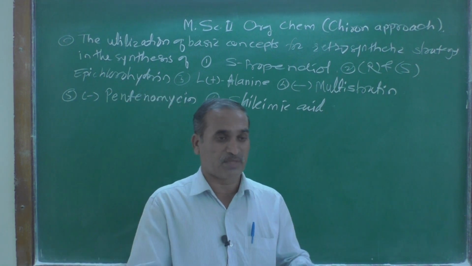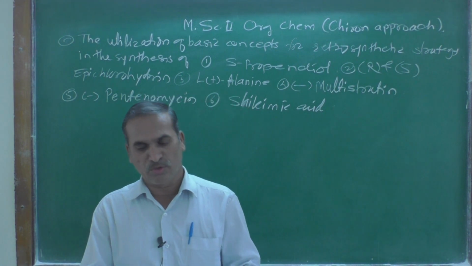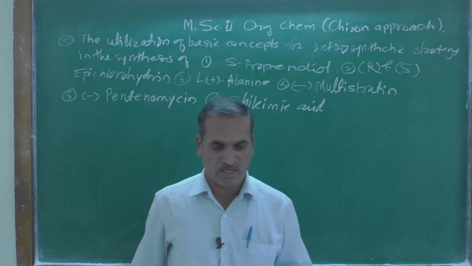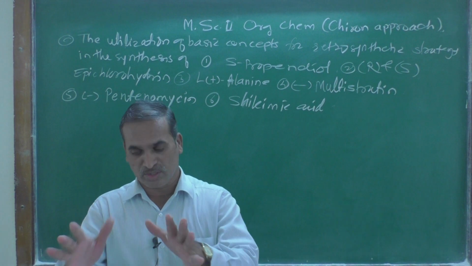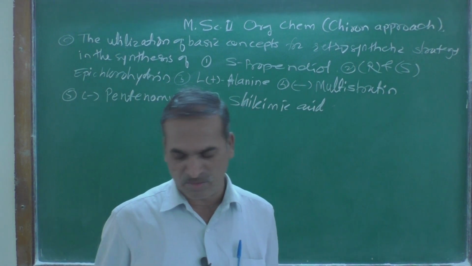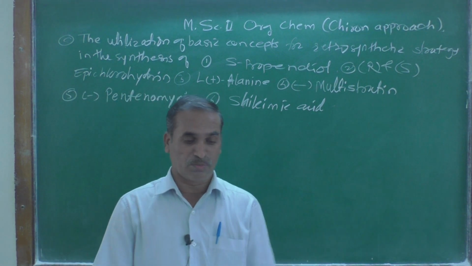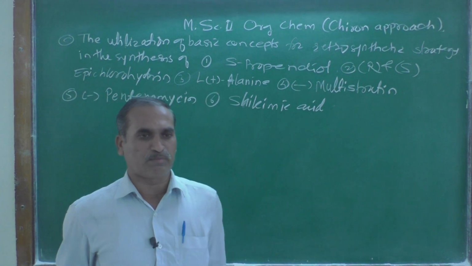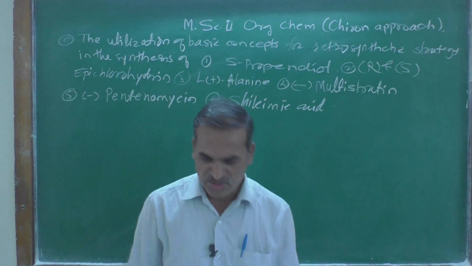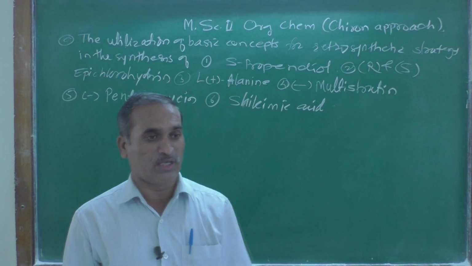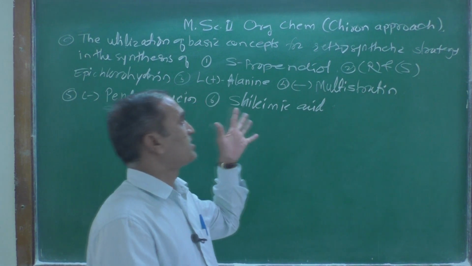That type of thing is called functional group interconversion: one functional group is converted into another so that disconnection becomes possible. These are the basic requirements, words we will frequently use.